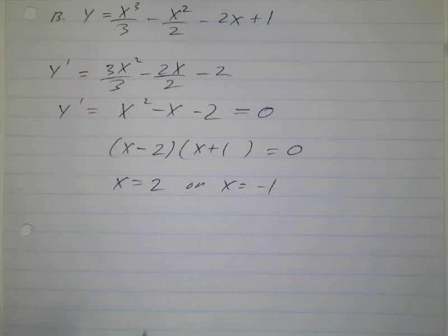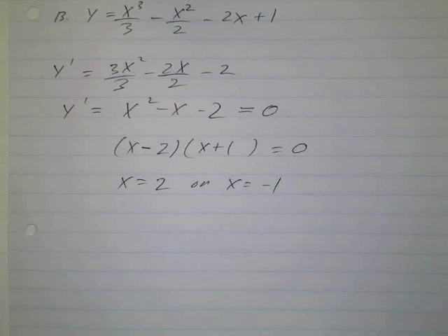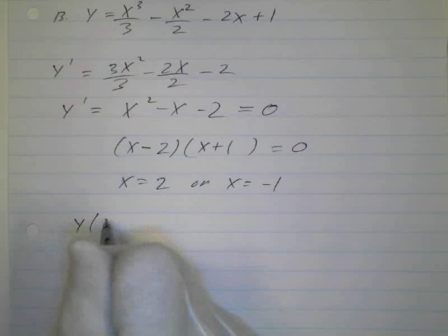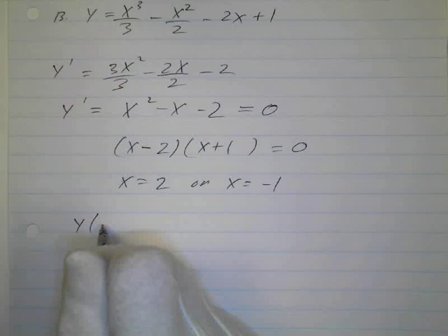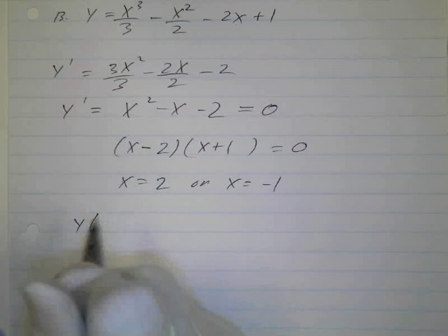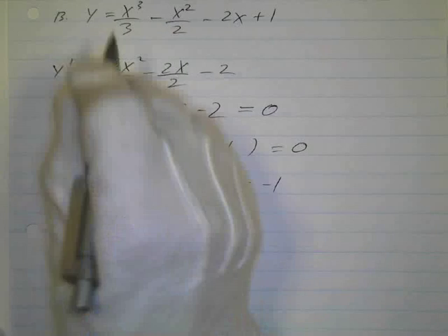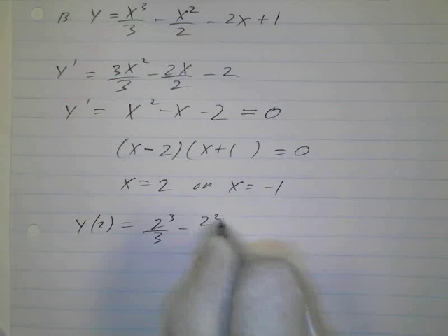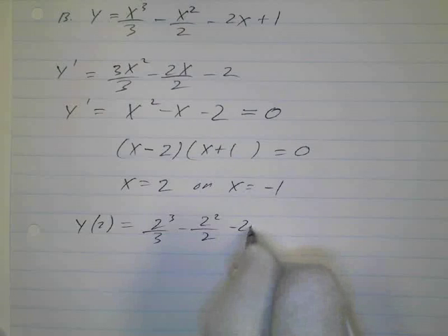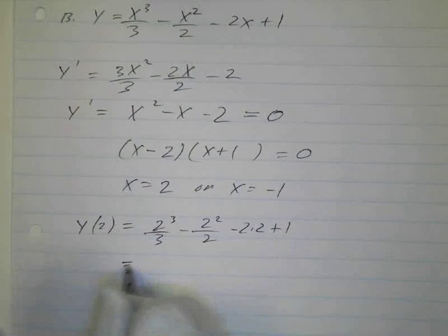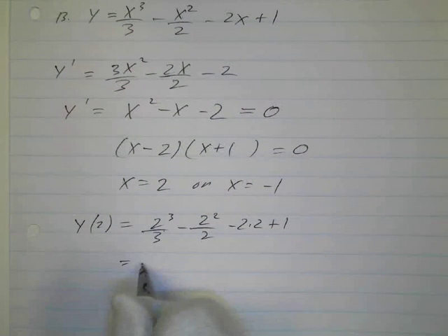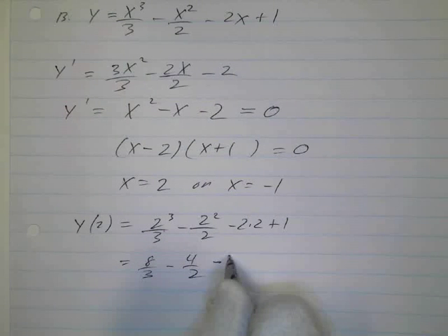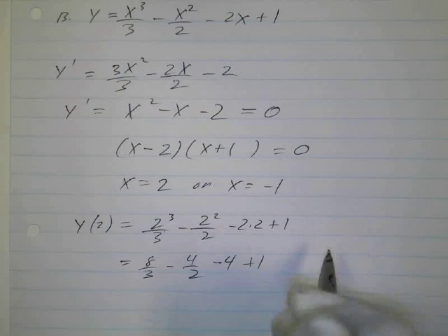So this is where it gets a little bit tricky as far as arithmetic is concerned. You will get partial credit if you get up to here, but you've got to do your arithmetic, and that does enter into it. So let's try y of 2 first. If I put 2 in here, I get 2 cubed over 3 minus 2 squared over 2 minus 2 times 2 plus 1. And that equals 8 thirds minus 4 halves minus 4 plus 1.